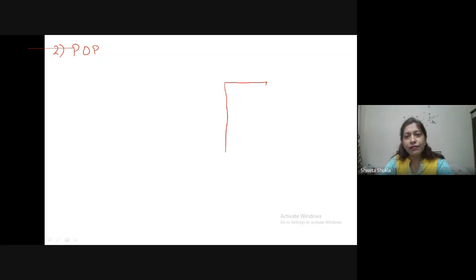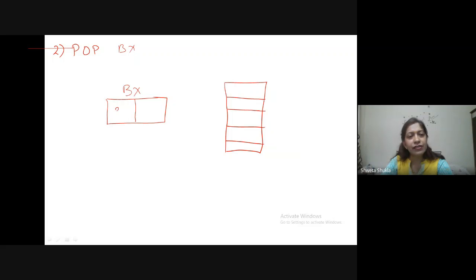Suppose this is the stack memory, and we have something in the BX register. We will take the same BX register, pop BX. The content in BX is, let us suppose, 3258.